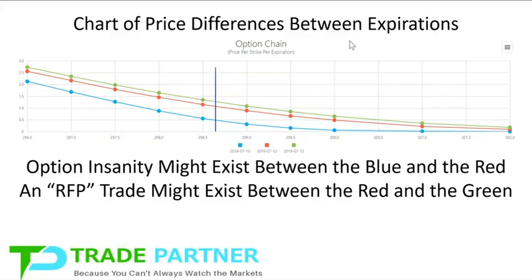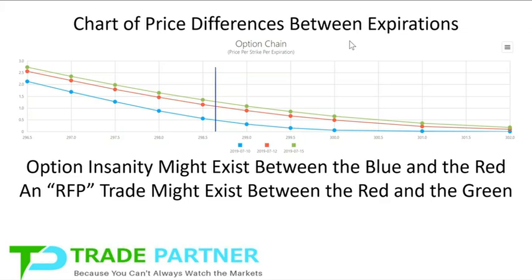However, if you look at the blue, you have a much bigger price gap between the blue and the red, which means it's possible that the expensive PPD is going to be on the red and the cheap PPD is going to be on the blue.